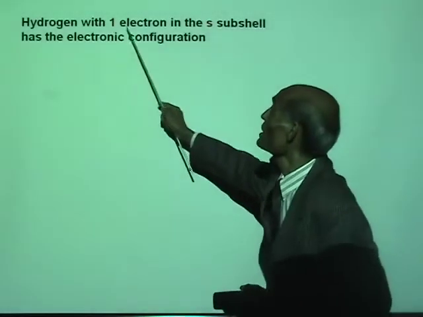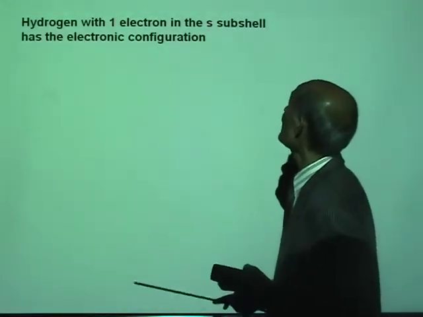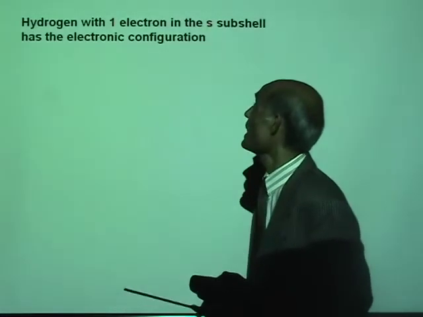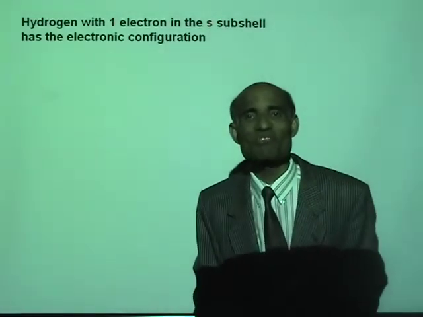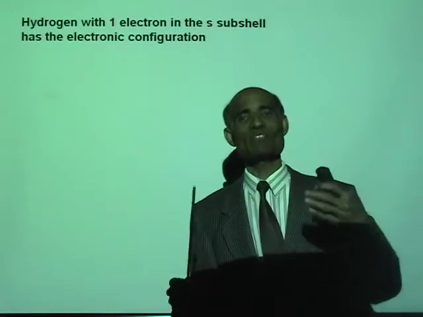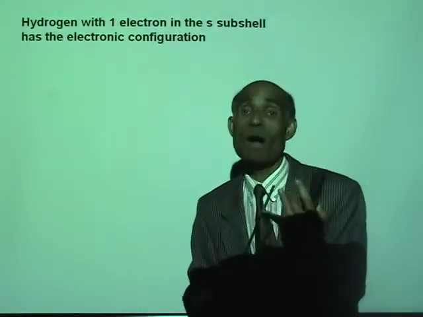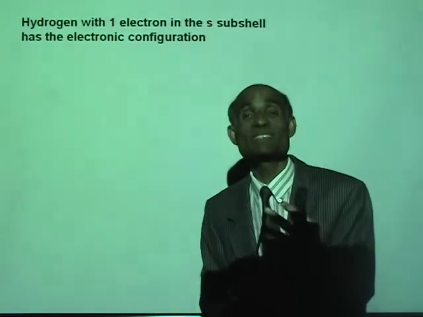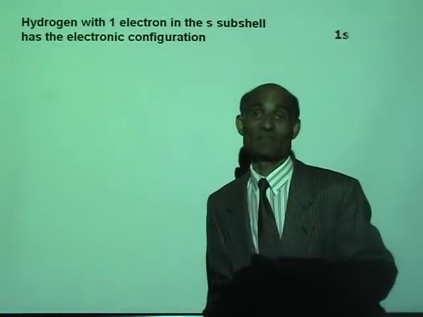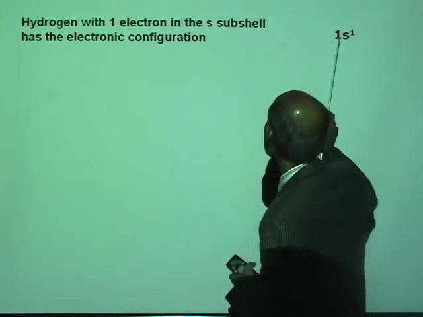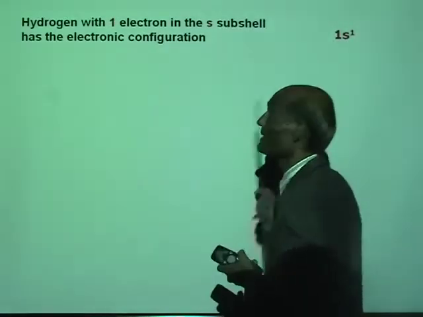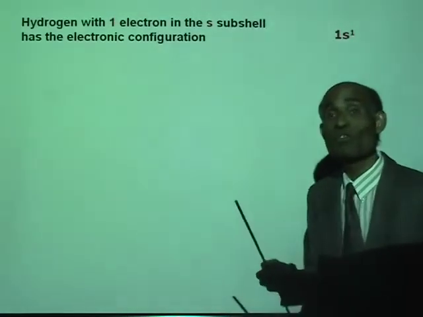Now, hydrogen with 1 electron in the s subshell has what electron configuration? Can you tell me what is the electron configuration for hydrogen? It has 1 electron in the s subshell. Well, its electron configuration is 1s1. That is the configuration for hydrogen.